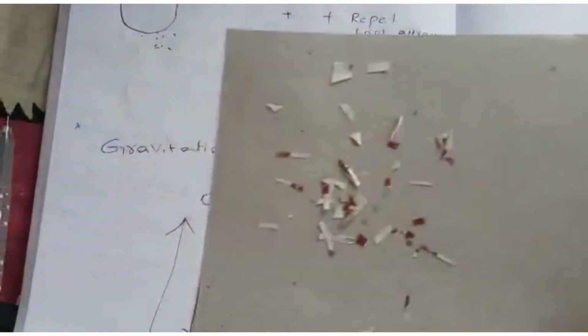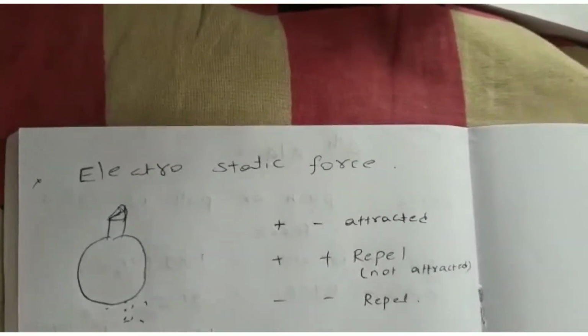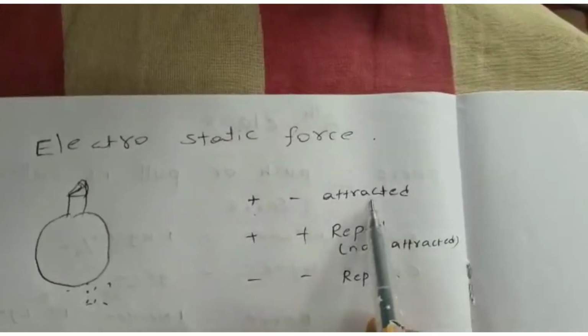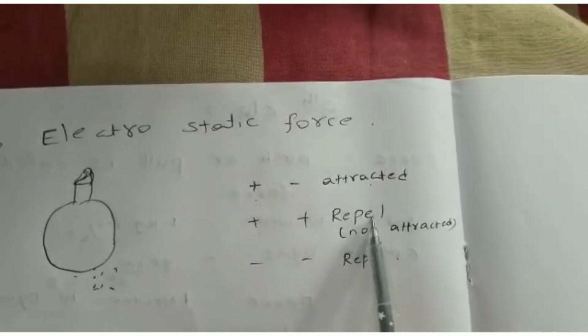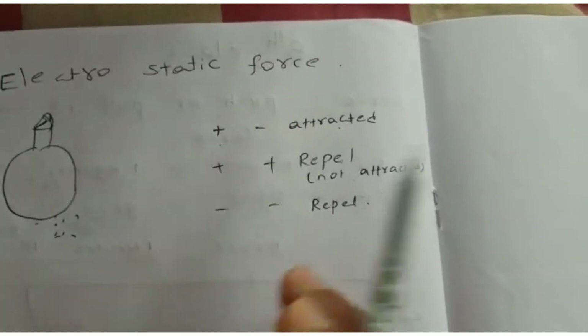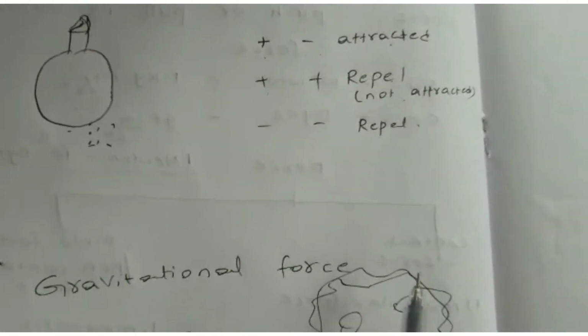The small pieces of paper are attracted to the balloon. When we rub the balloon, it gets some charge. Here we observe positive and negative charges: opposite charges attract, same charges repel. Repel means not attracted. So it is also electrostatic force. We can do the experiment with a comb and small pieces of paper also.